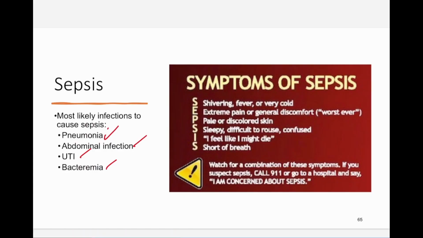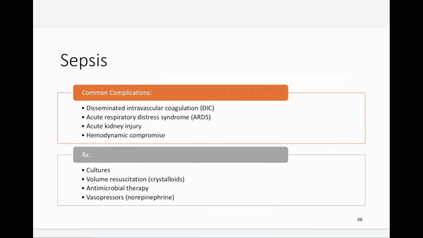So here's some, again, start getting used to using these mnemonics, especially getting to the diseases now, to know all the different things. So sepsis, that's just the way to remember the different signs for sepsis. Some common complications of sepsis: disseminated intravascular coagulation. These are all the tiny little clots that form and go out in the whole body.